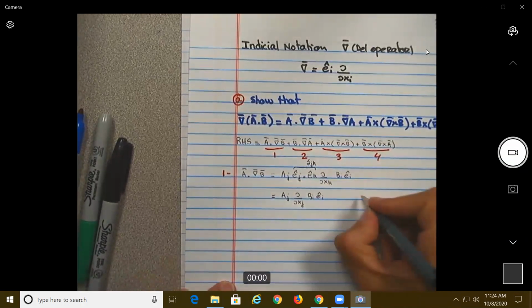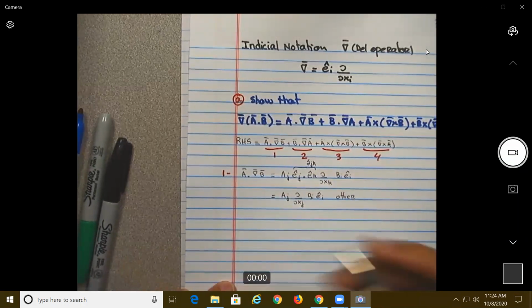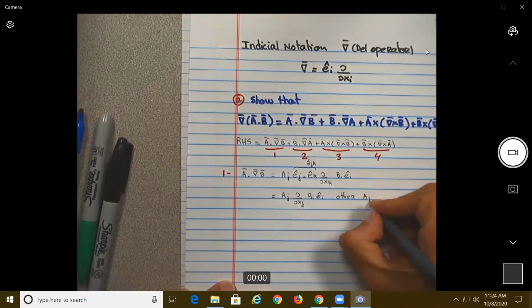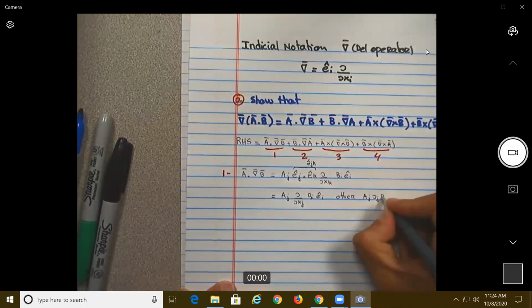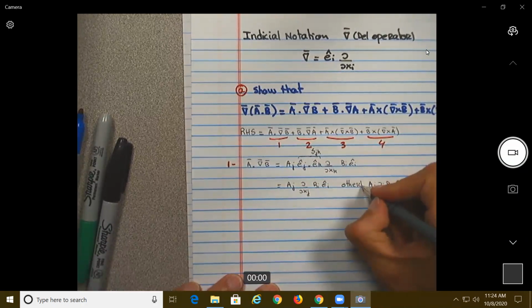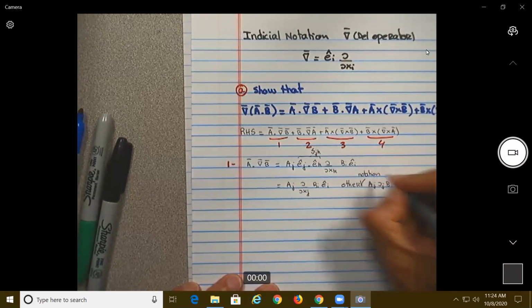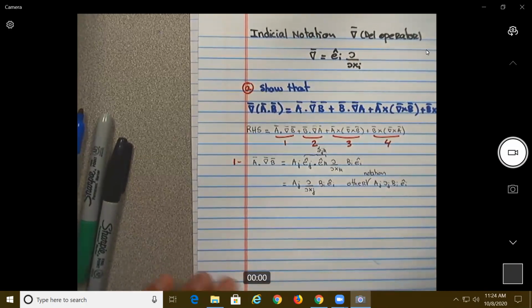Sometimes the notation I've seen in my notes will be A of j, partial of j, B sub i, e sub i. Let me put all the notation over here, but I'm going to stick to this one. I might switch to that one later, we'll see. So this is our first term.